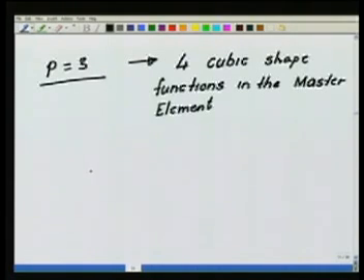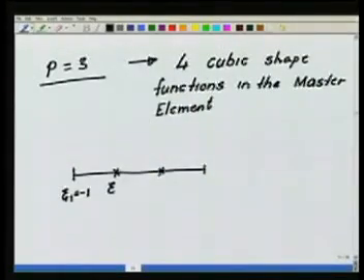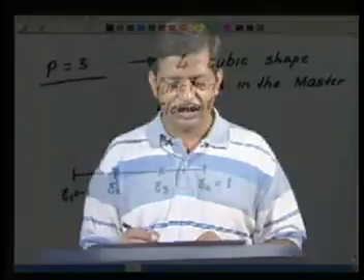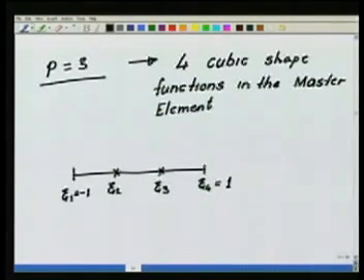Now the only thing is, one should remember that in the master element the point psi 1 is equal to minus 1, this is psi 2, this is psi 3, psi 4 is equal to plus 1. So we have the gap between these points equal to 2 divided by 3. So this is minus 1, so this point becomes minus 1/3, this point becomes plus 1/3.